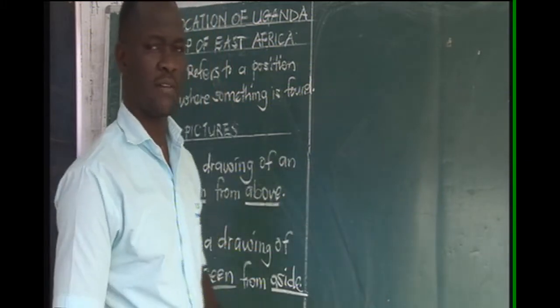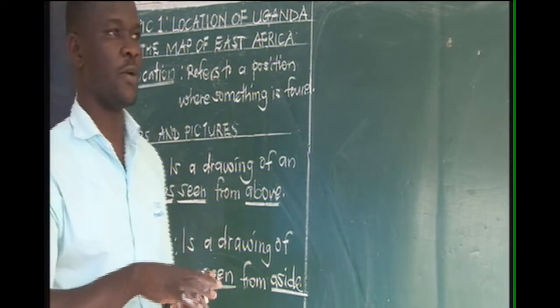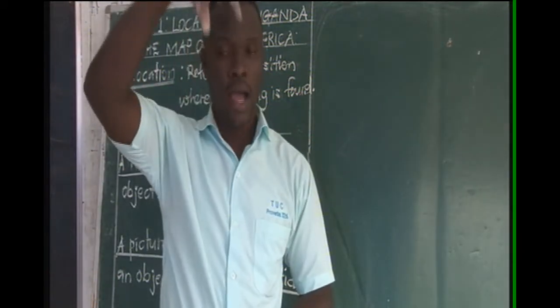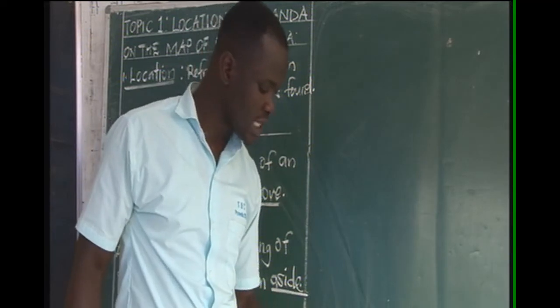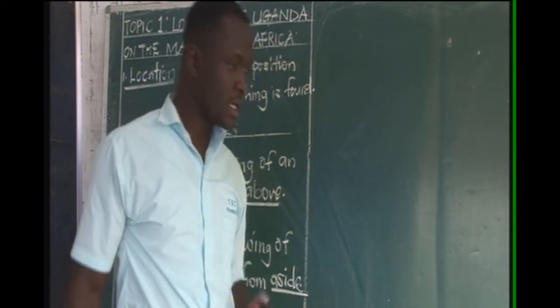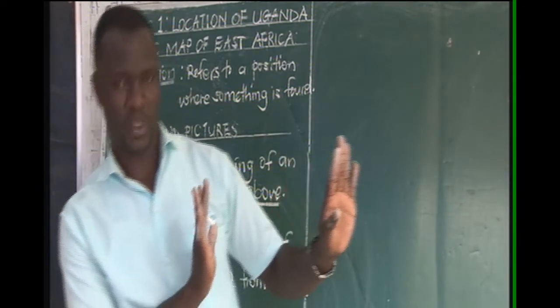The difference we have here is, for a map, we were drawing an object the way it was seen from where? Above. Which means you draw something the way you see it from above. While for a picture, we are drawing it the way we see it from a side.